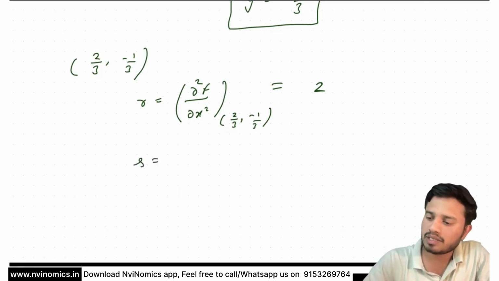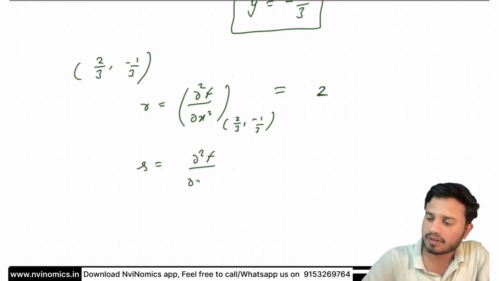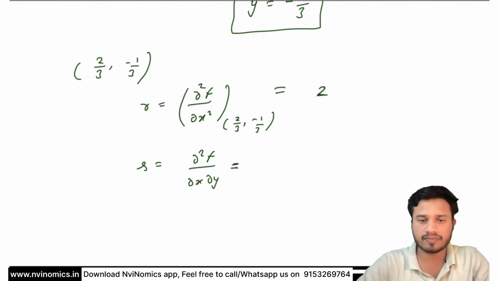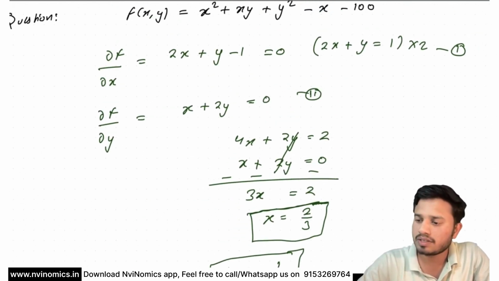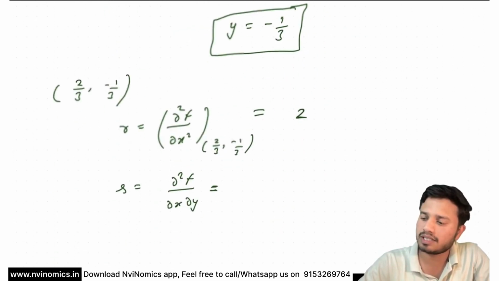Similarly, s was del x del y or del y del x. It will always be the same. You don't have to worry about that. So del f by del y will be 1, or del y del x will be 1. Yeah, it's fine.